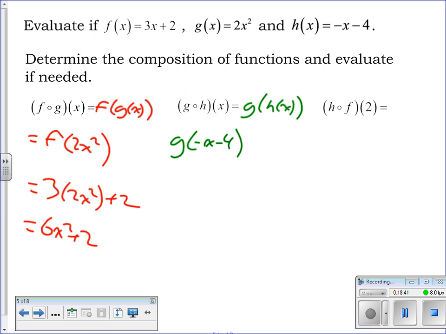That's not that bad. What is g? G is 2 times whatever x is squared. So g of negative x minus 4 is 2 times negative x minus 4 squared. Take what h is, stick it inside whatever g is.